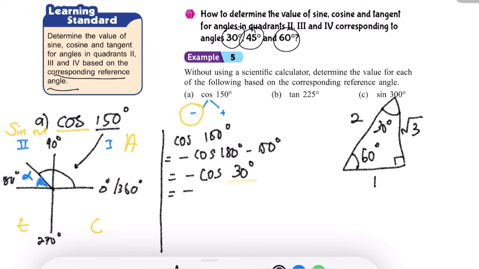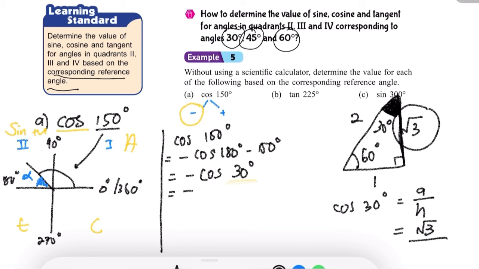Okay. So to find cos 30 degree, adjacent over hypotenuse. So I use 30 degree angle here. My adjacent is the side that is parallel to 30 degree. The value is square root 3.